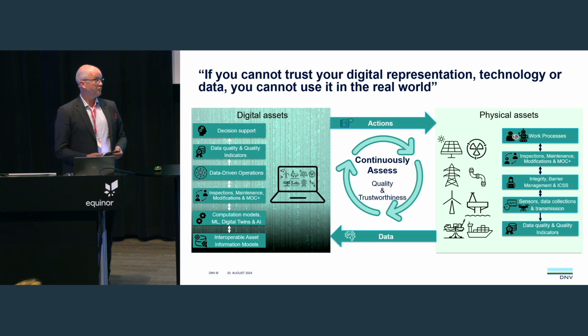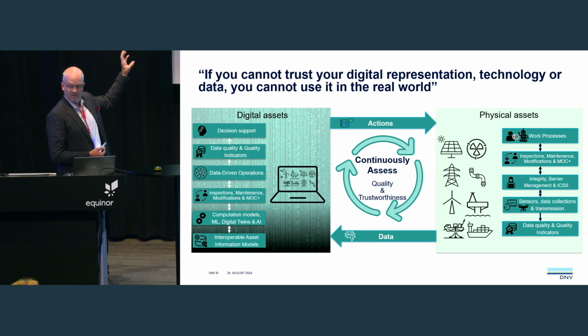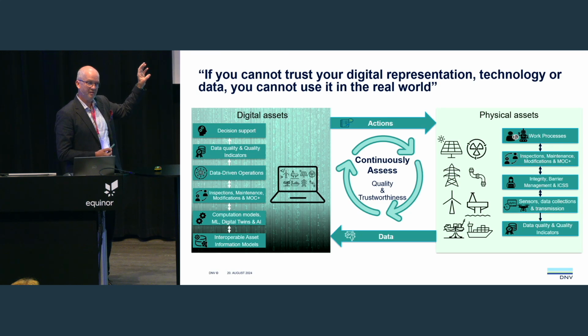And from this framework and from our experiences, this illustration or conceptual architecture has emerged from our side. I'm not going into the details of this either, but it's illustrating the interplay between the digital part of the business and the physical part. So data is generated from the physical asset. It's transferred and it's taken into the digital side of the industry, where the ultimate goal is to have a data-driven operation.